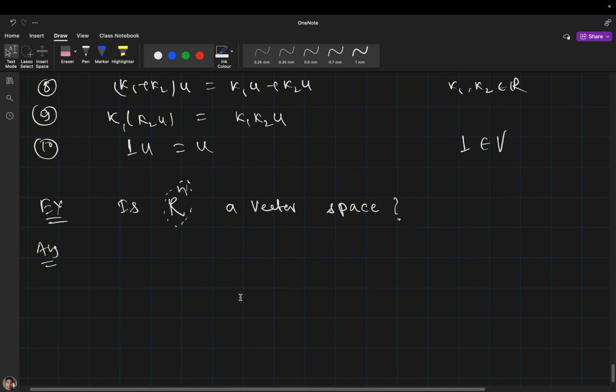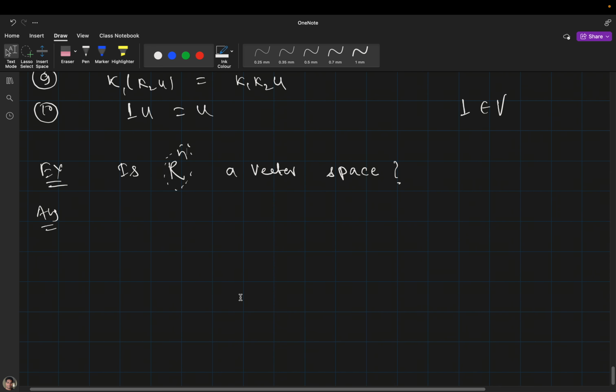Just think about it. To do that, first check it. Now just take any elements from n-dimensional space, u and v. Definitely u and v, any kind of n-dimensional vectors, will belong to the n-dimensional space. Now just add them, u plus v.